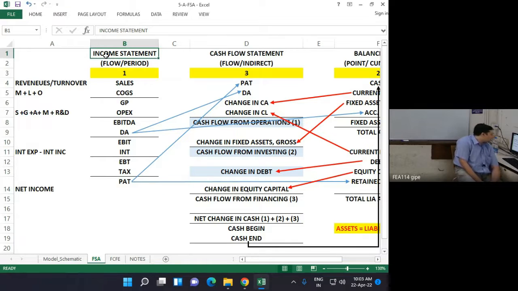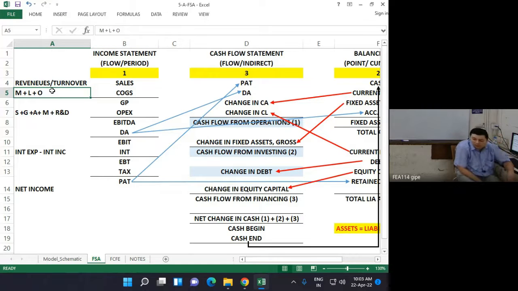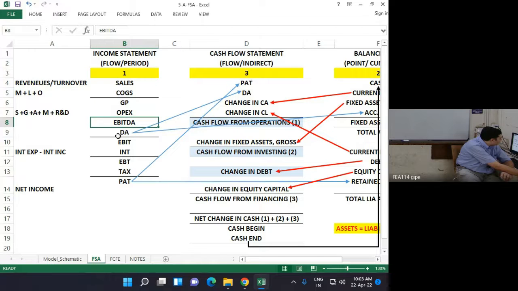So the income statement is a flow statement measured over a period, one year, one month, one quarter, whichever you make the income statement for. It comprises sales, from which COGS, cost of goods sold, gets subtracted to get gross profit. Cost of goods sold comprises material, labor, and overhead costs. Then operational expenses are removed to get EBITDA.